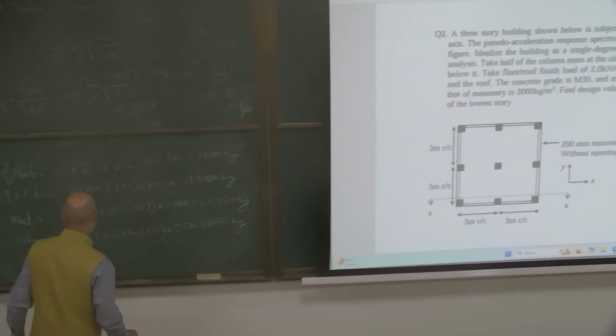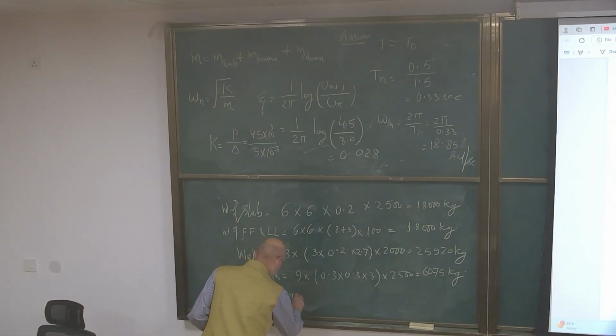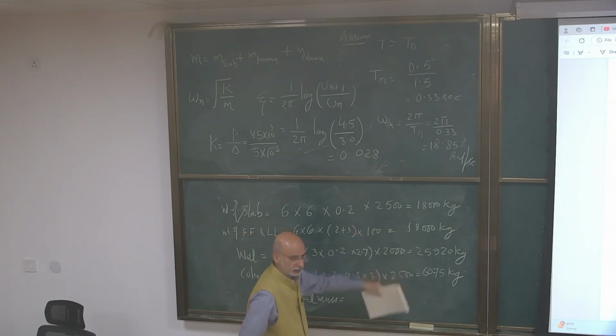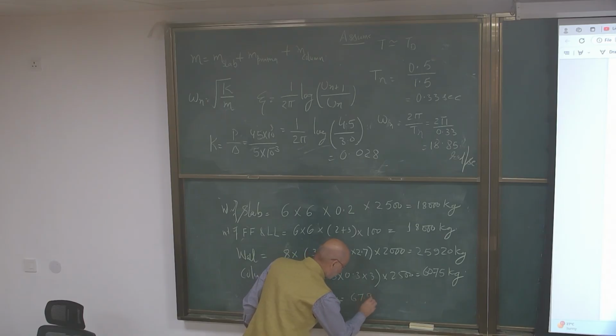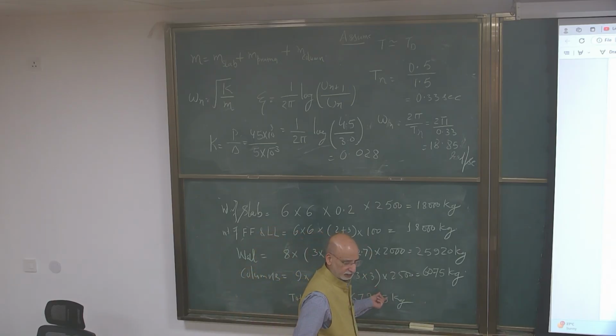So total mass is how much? 6799, you sum up all the five. 6, 6, 7, 99, 5. 995, okay. So that means your full mass is lumped.